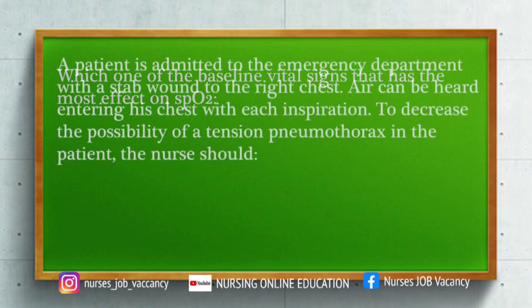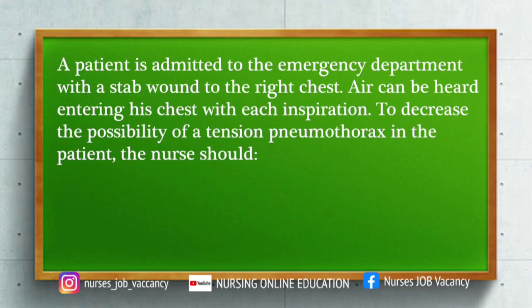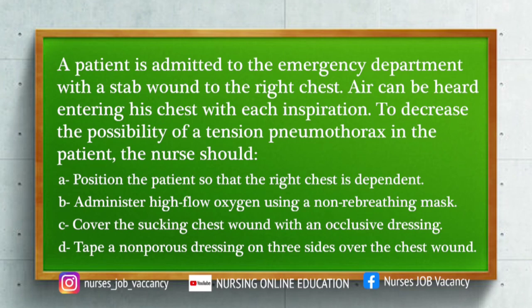Last question. A patient is admitted to the emergency department with a stab wound to the right chest. Air can be heard entering his chest with each inspiration. To decrease the possibility of a tension pneumothorax in the patient, the nurse should: A. Position the patient so that the right chest is dependent.